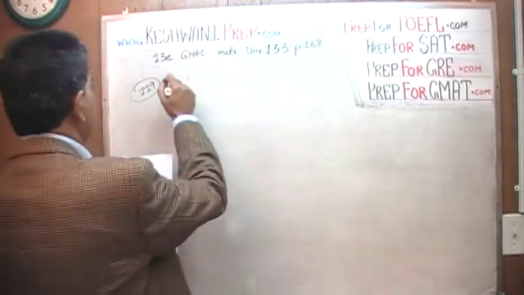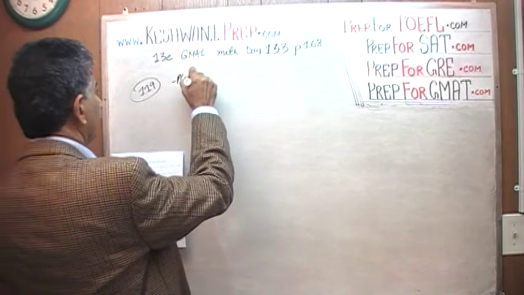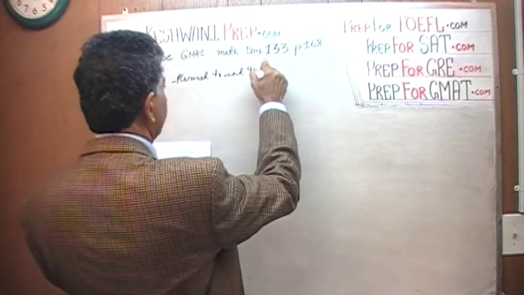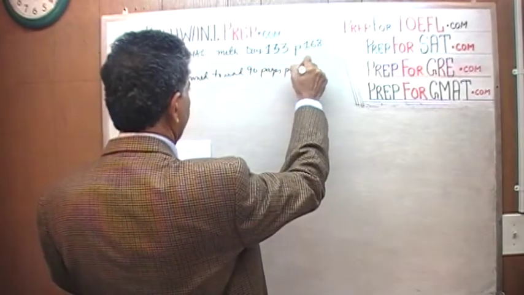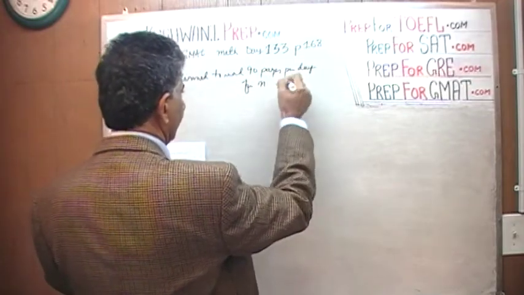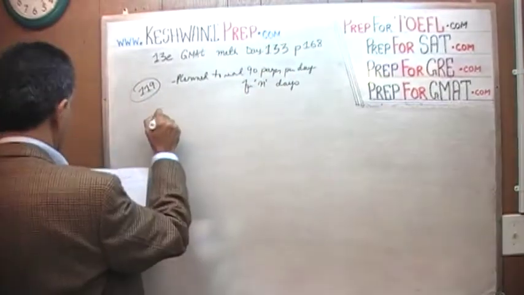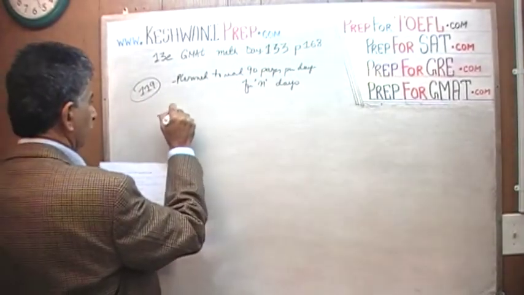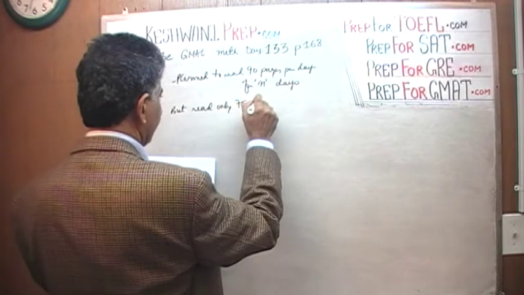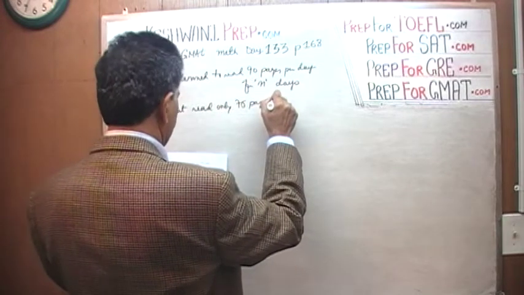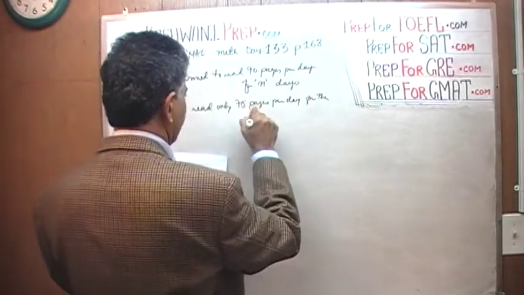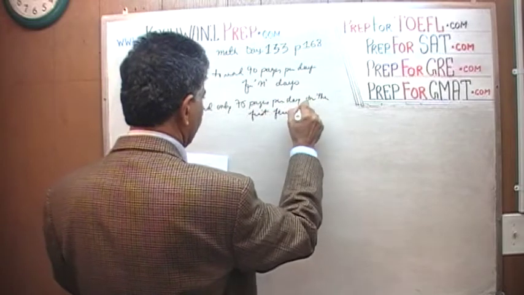It says that we had planned to read 90 pages per day for n days. This is something we are making up, for n days, let's say. But it turned out that we read only 75 pages per day for the first few days.